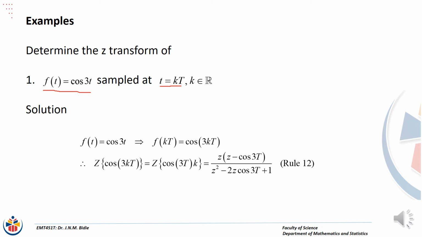Also, when we take the Z transform of cos 3kT, we need to recognize that we have cos 3T multiplied by k. And then we go to rule 12 of the Z transform tables and get this formula: Z times (Z minus cos 3T) divided by Z squared minus 2Z cos 3T plus 1.